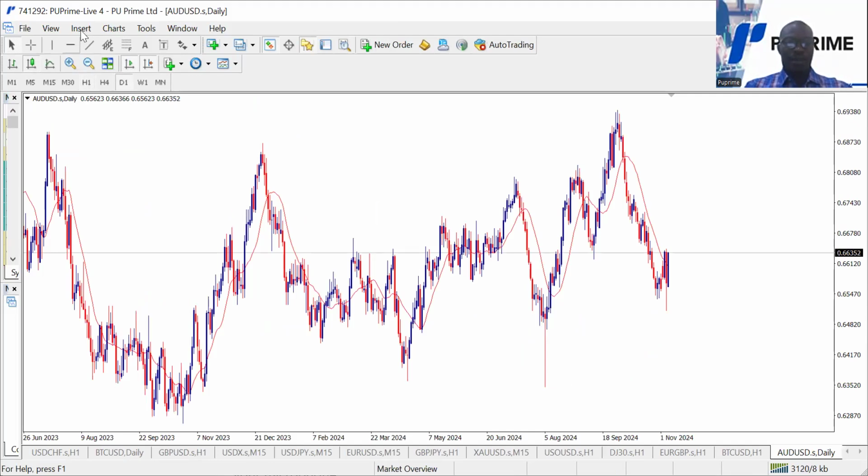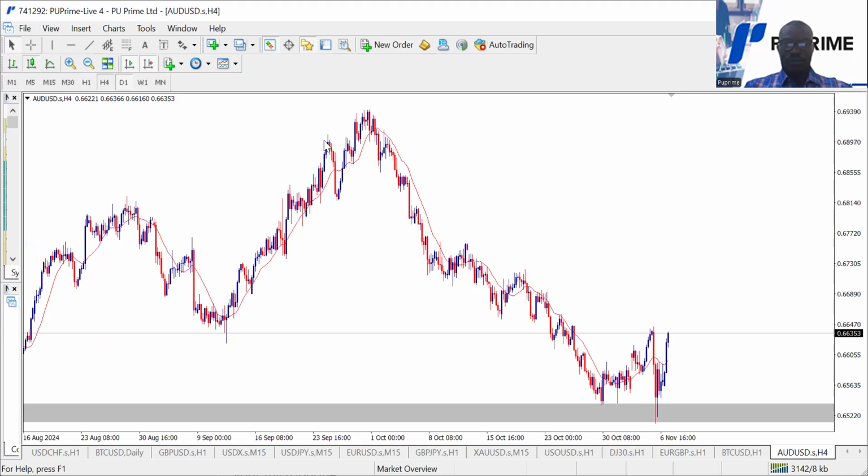So we have the market rejecting this zone, and rejecting this level on the hourly time frame. Currently AUD/USD is at a resistance.